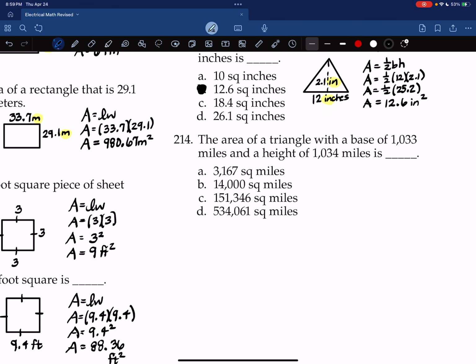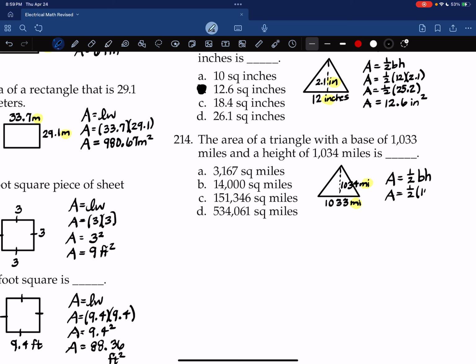The area of a triangle with a base of 1,033 miles and a height of 1,034 miles is blank. So 1,033 and 1,034. Check units. They're the same, so you're good to go. They will not always be the same, so be careful.